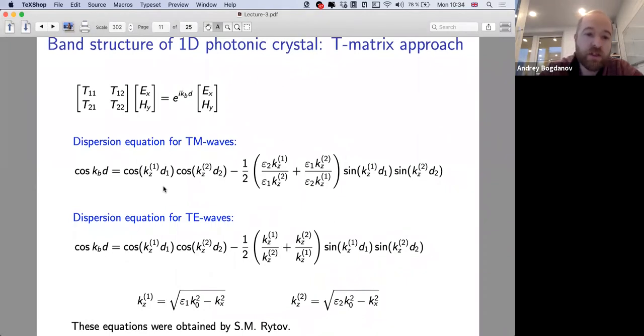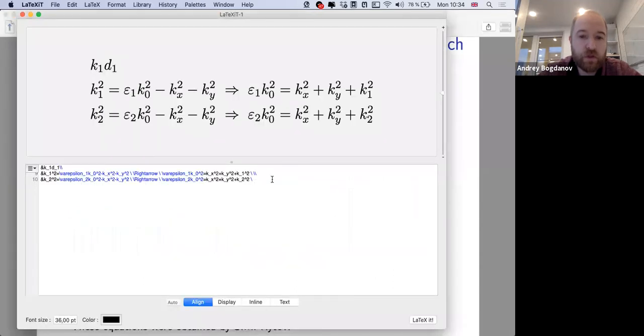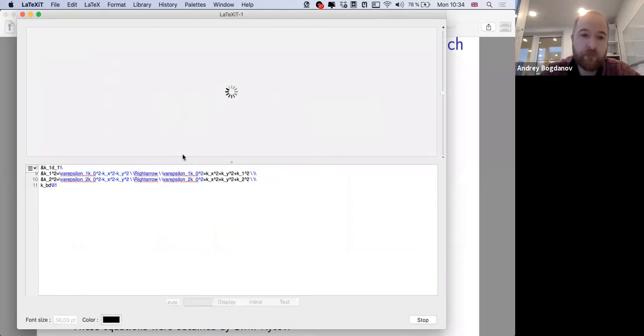If the wavelength is huge, we should assume that k d is much less than 1.